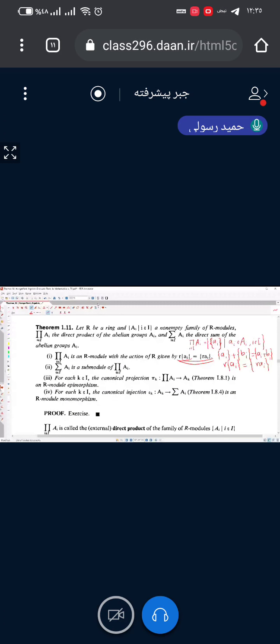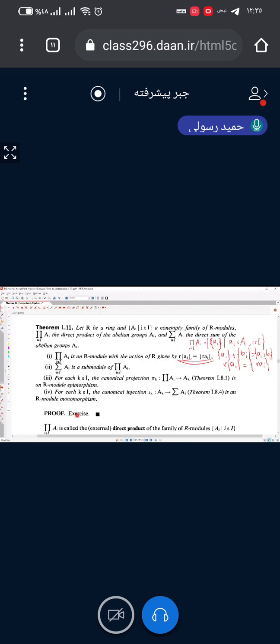This construction is in fact the product of R modules, and the construction of co-product. But about co-product, we have it in the next theorem.